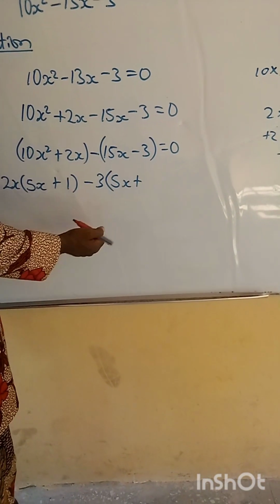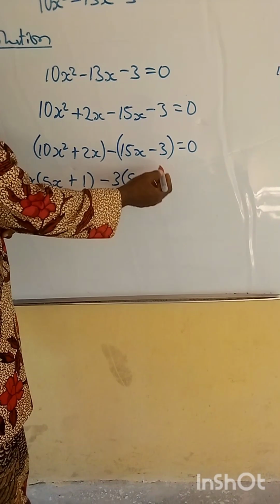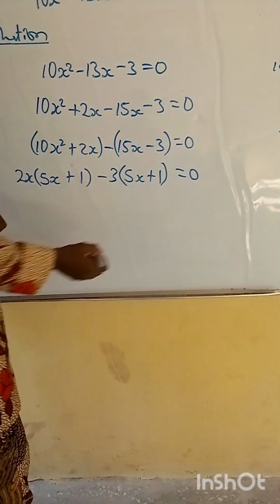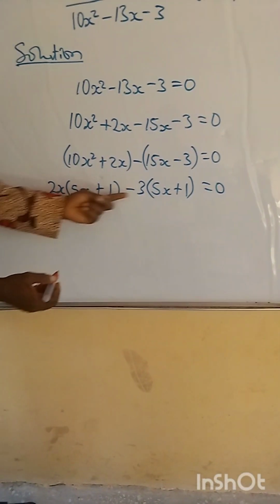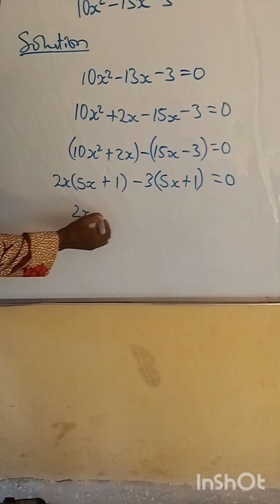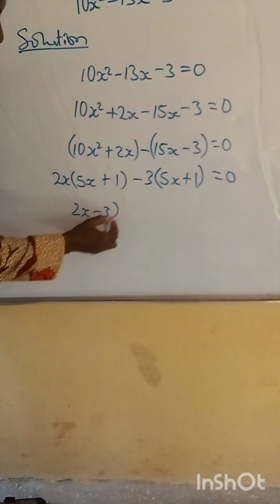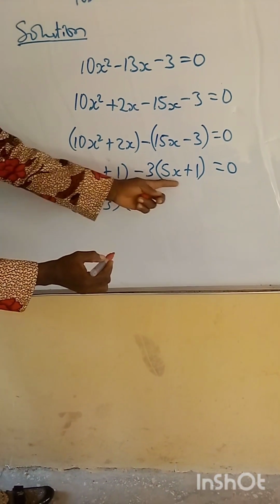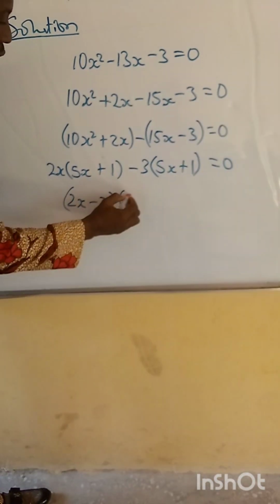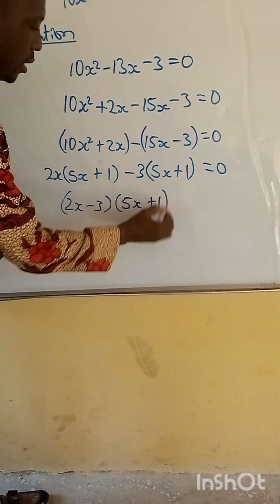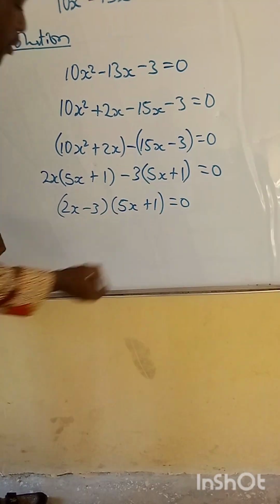This minus collides with this and becomes plus. And then 3 in 3 is 1, equal to 0. So taking what is outside the bracket to form a new bracket, we have 2x minus 3. And we take one of these brackets, since they have the same content, 5x plus 1 equal to 0.